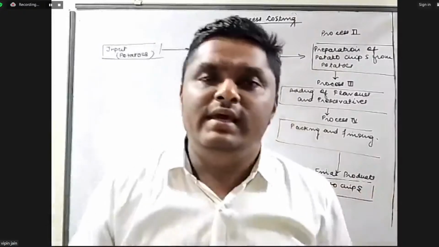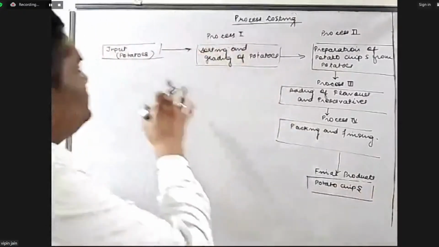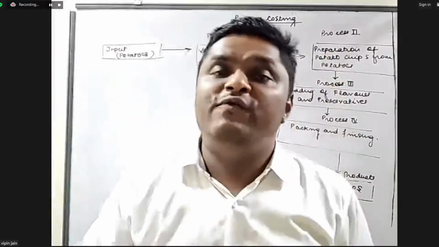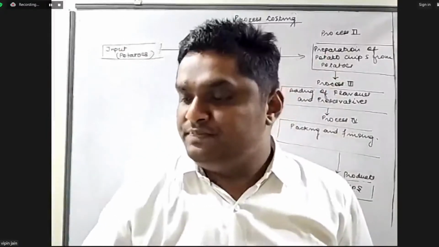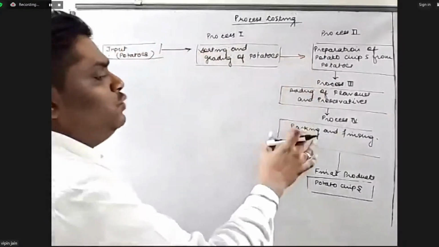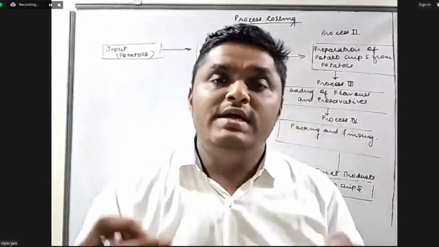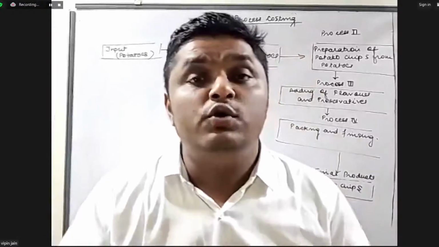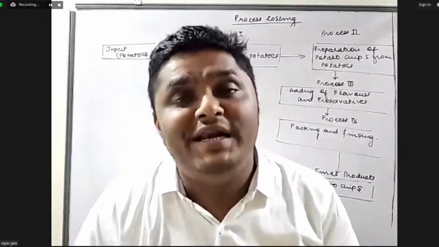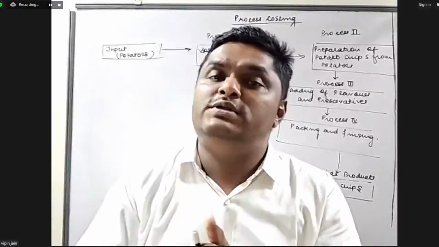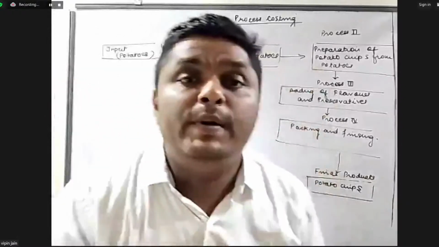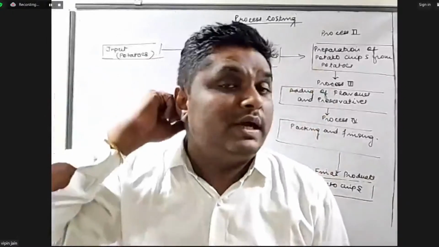So herein what we can see is that the raw material, that is my potatoes, has to pass through various processes before being converted into the final product, that is my potato chips. Now here, since each and every process is unique and separate, and a separate set of costs are incurred for every process, therefore for each and every process we will prepare a separate process account.